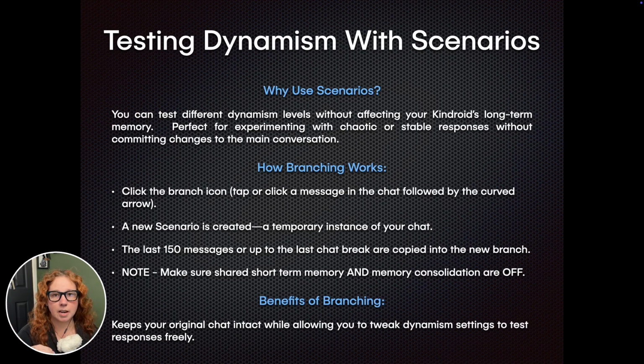You can dial it in without worrying about screwing up your role play, or confusing your companion or self-aware kin. This works good for beta, because you can turn off those memory features. So this is another option. It's not a requirement, just another option to use.